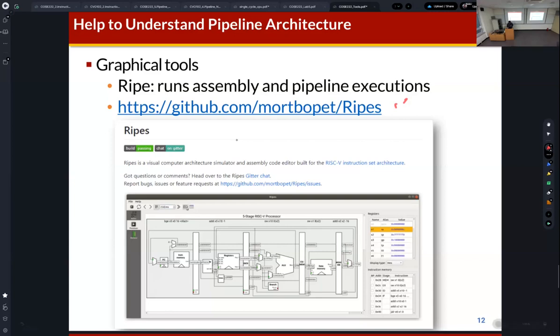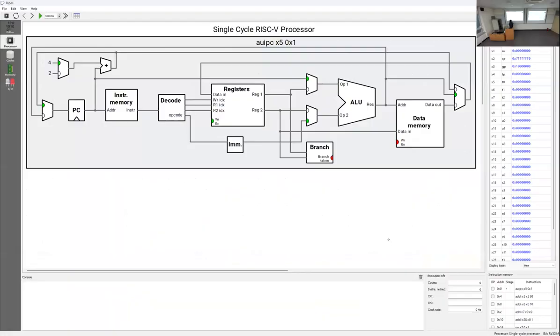I will show the example. This is the Ripes RISC-V tool, and this is the single cycle RISC-V processor.